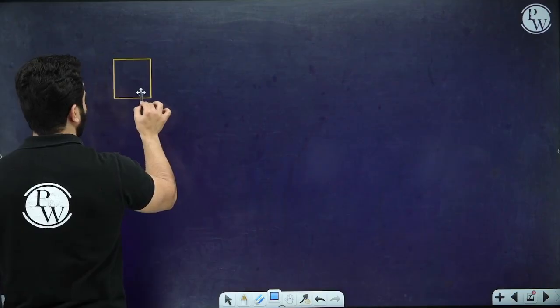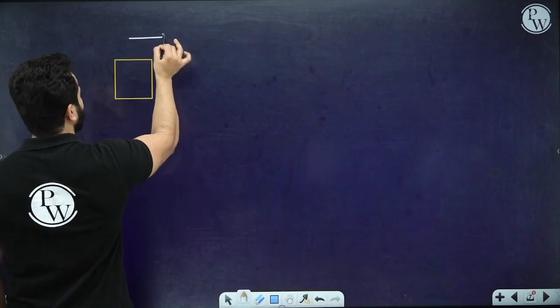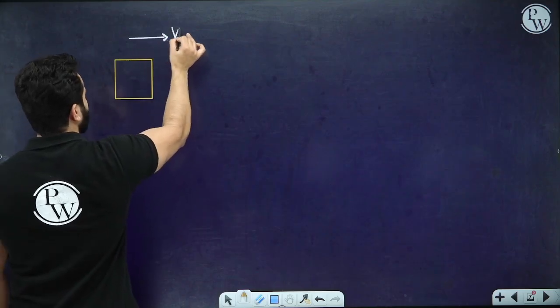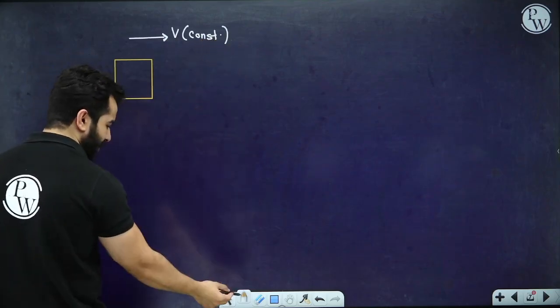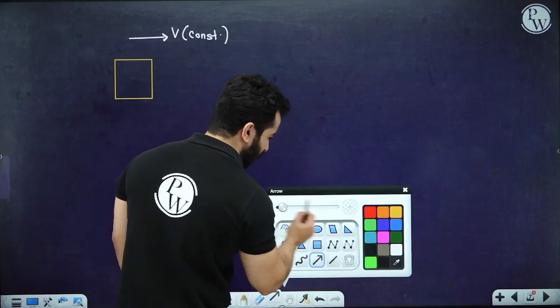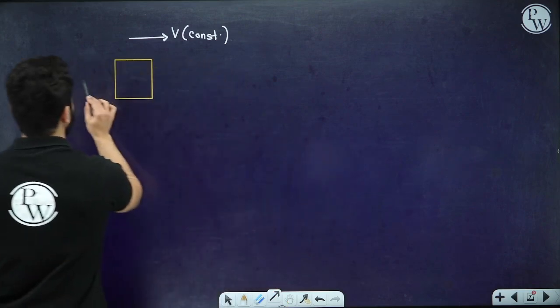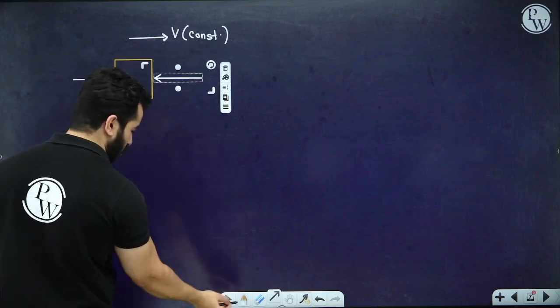Let's suppose we have a body something like this and it is moving under uniform motion with some velocity, let's say v. And after this, let's assume that we have different forces over here. For simplicity, let's just draw 2 forces.